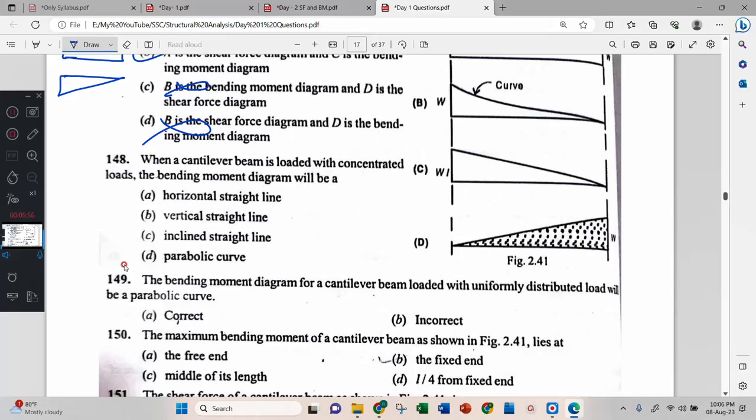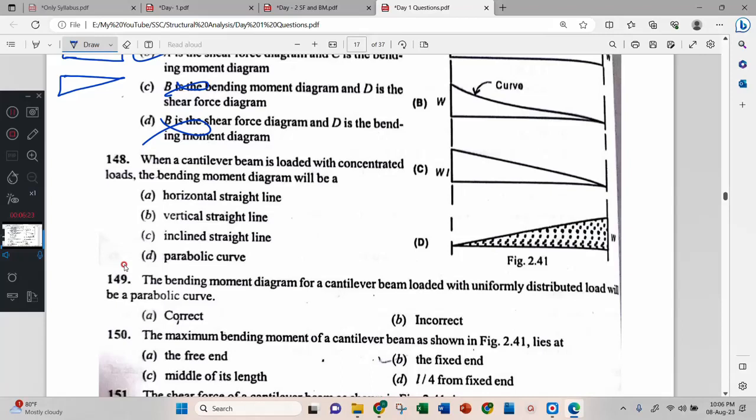When a cantilever beam is loaded with concentrated loads, the bending moment diagram will be inclined.